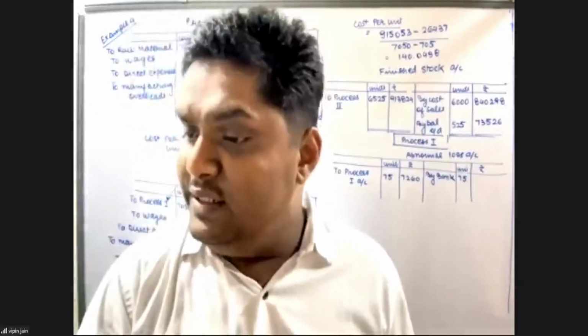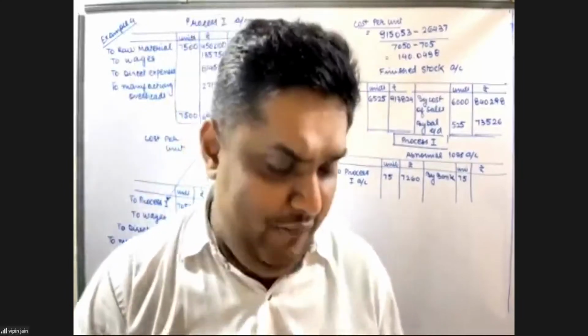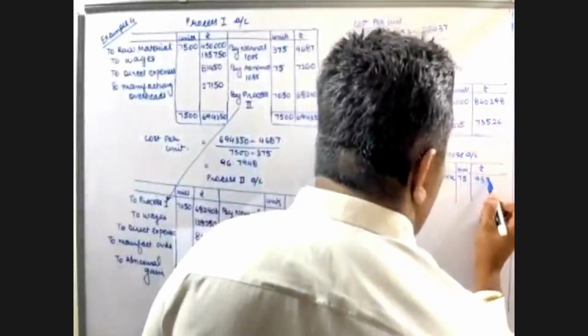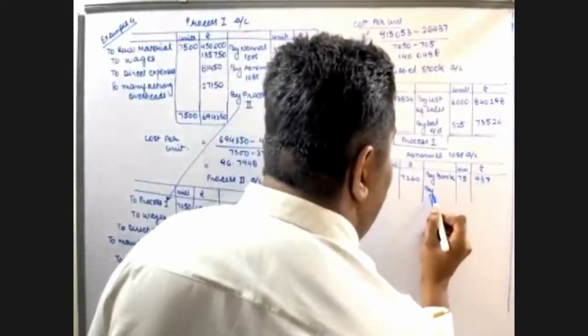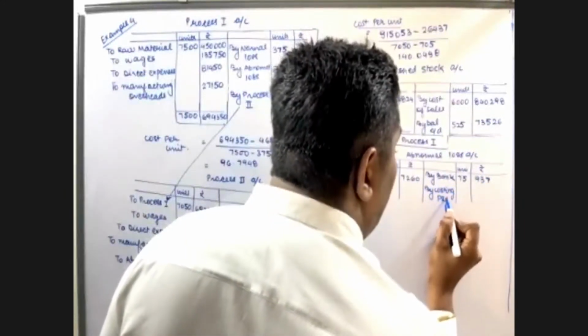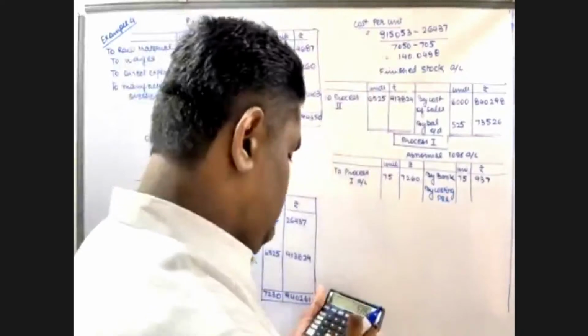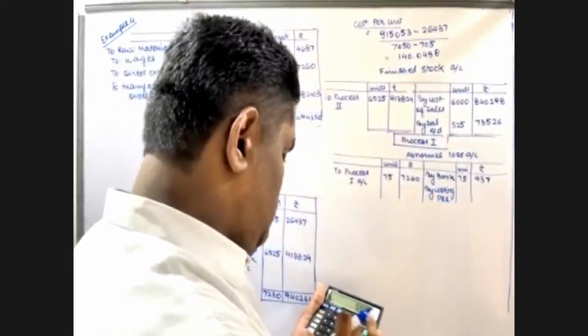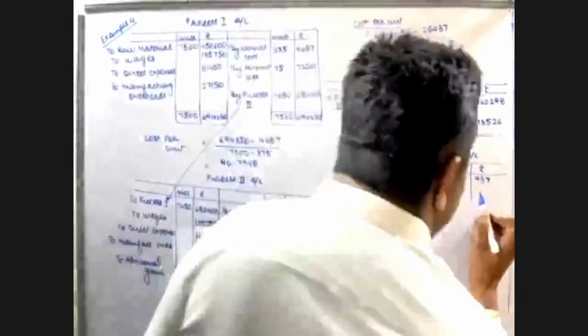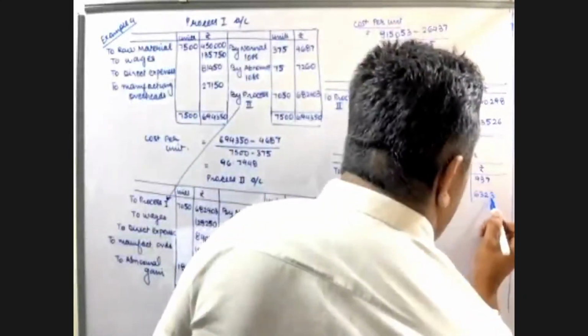So 75 units into scrap value of 12.5 is 937. So the balance will be transferred to costing P&L. So this will be 6323.